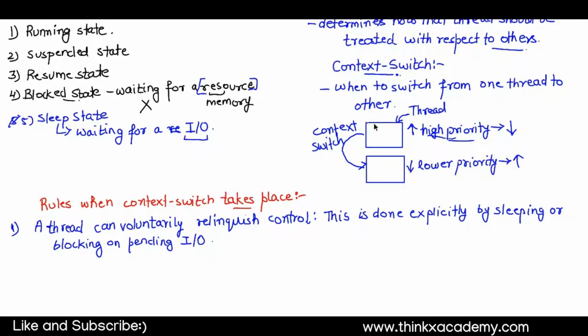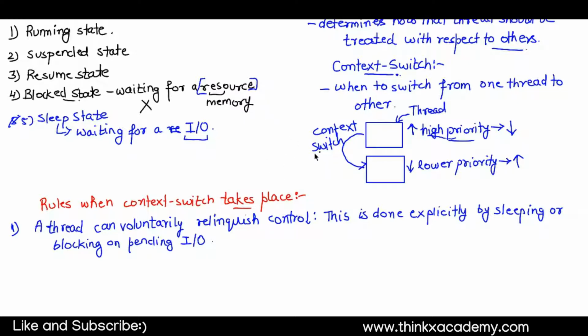If a thread is waiting for inputs from the IO stream, which is the input output stream, it is actually holding a resource. So at that point it should do something to do the context switch, so that it will not hold the resource anymore and other threads can also run.